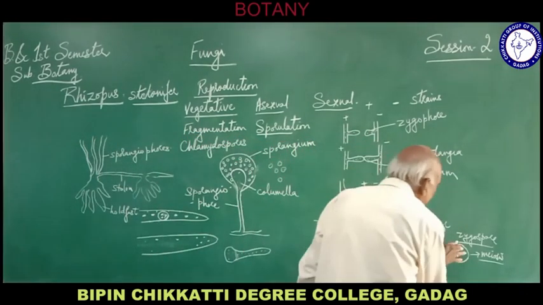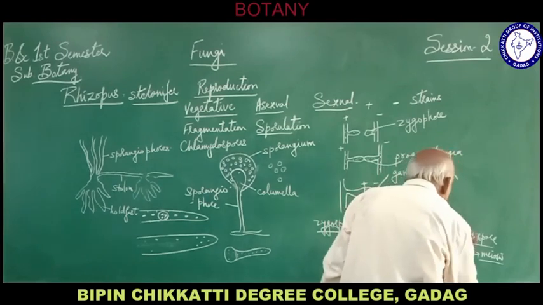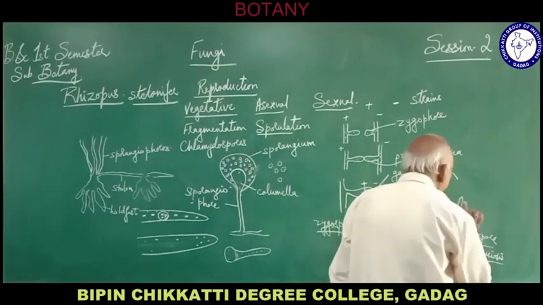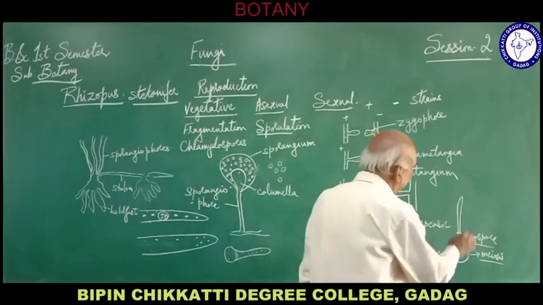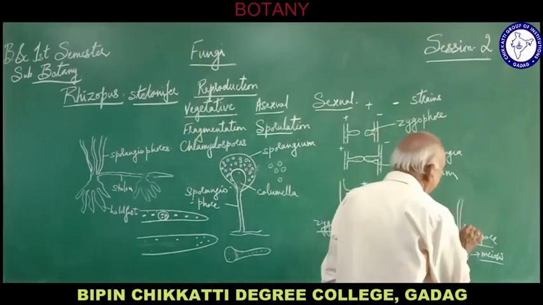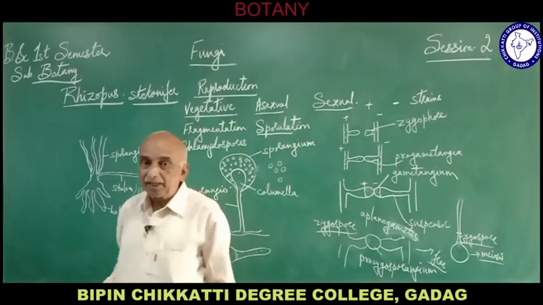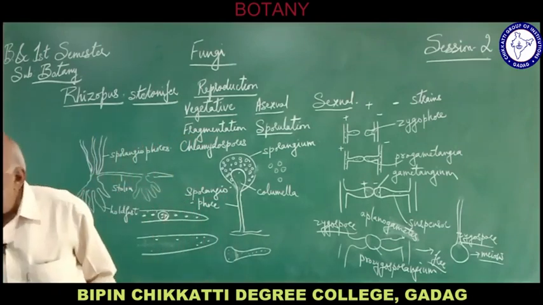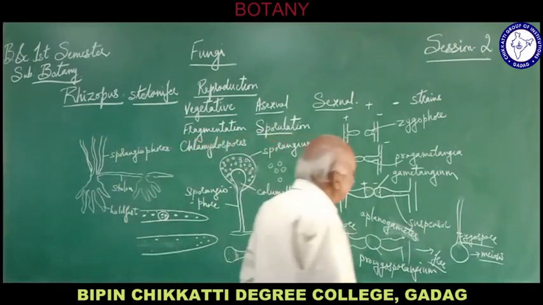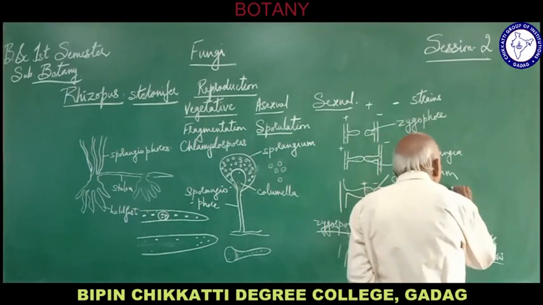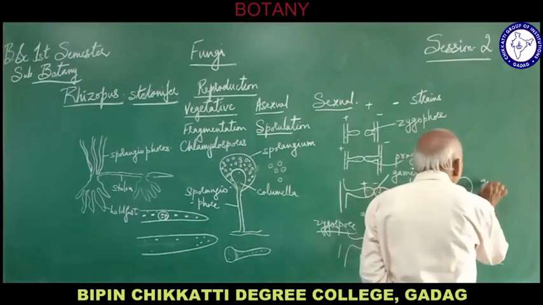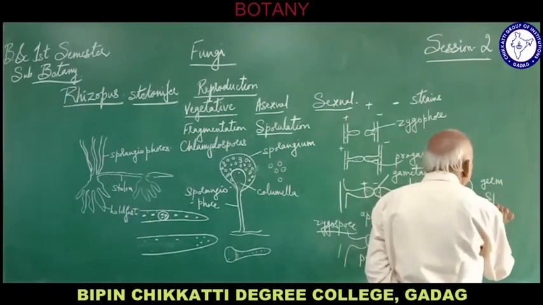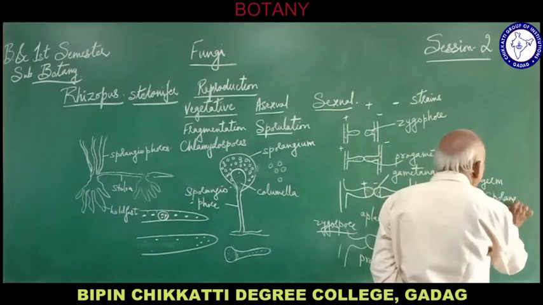So this zygospore will grow like this into vertical hyphae, not horizontal. And this, having many nuclei, gives rise to a sporangium called as the germ sporangium.